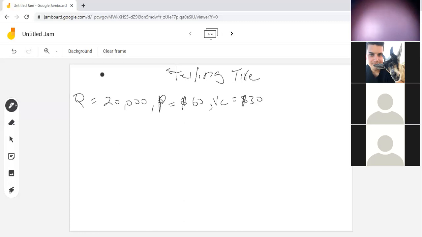So all these we can get from our income statement. We know that fixed cost is 400,000. We know that interest, I, would be $50,000.